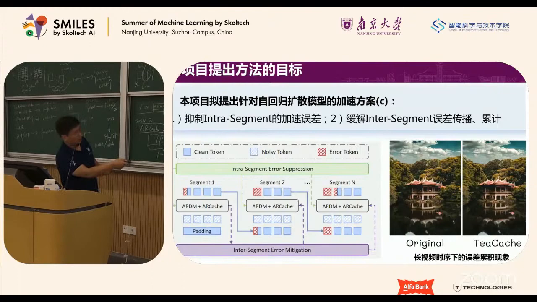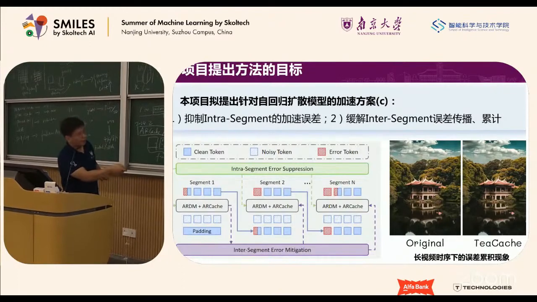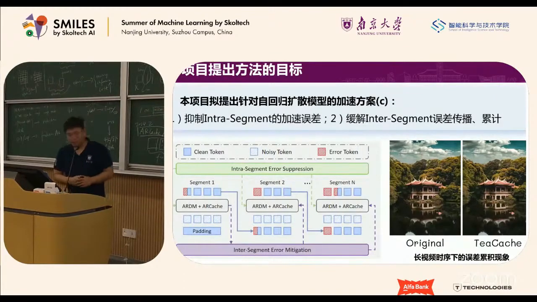We mean this part is intra-segment, and this part is inter-segment, right? The second part is the inter-segment error mitigation, which is to reduce the error accumulation and propagation across the segments. So these are the two key parts to address the error accumulation in autoregressive diffusion models.